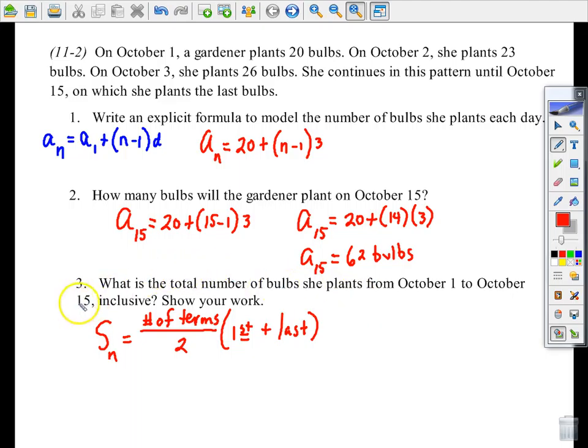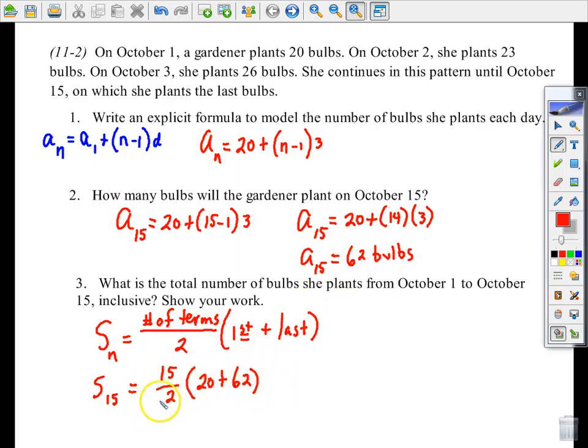In this case, we're looking for the number of bulbs planted over 15 days. n is 15, so 15 divided by 2. The first term is the number of bulbs she planted on the first day, which is 20. The last term we figured in number 2 is 62.